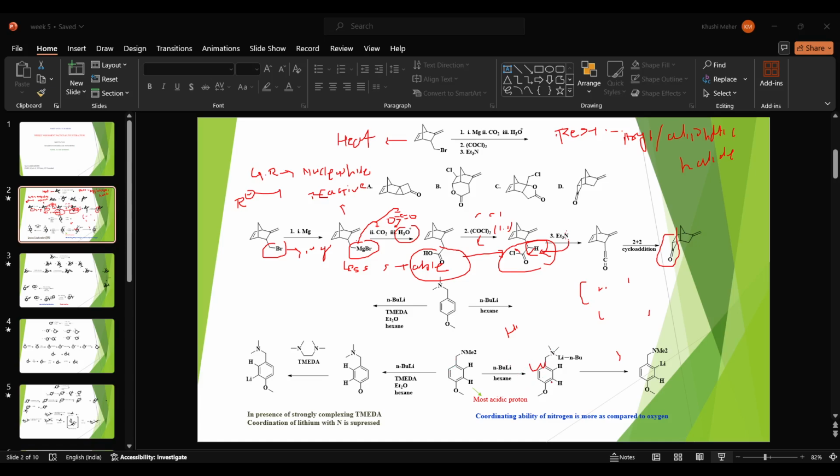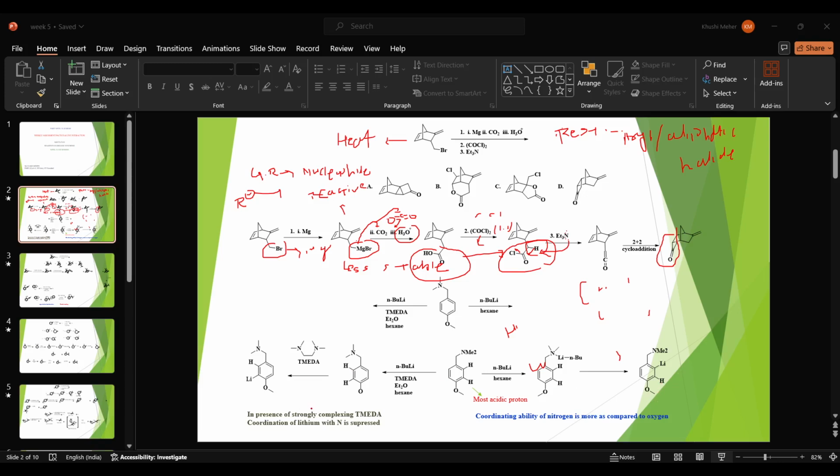After that, the hydrogen that is near this nitrogen will be abstracted by the n-butyl carbanion, which is a strong base, and it will give the corresponding lithiated product. That is the only reason our Ha hydrogen is lithiated.